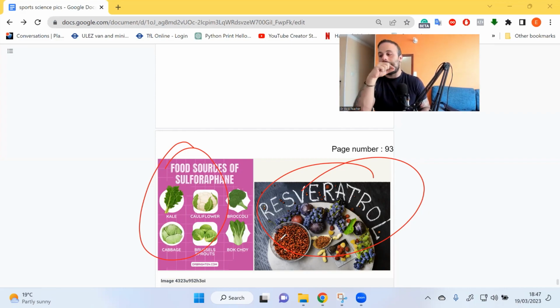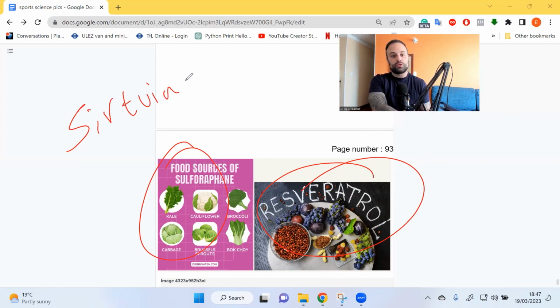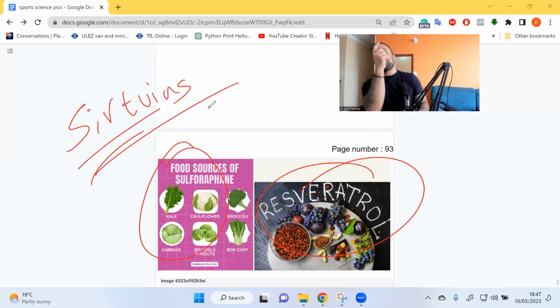But it's a potent antioxidant that's been shown to activate proteins called sirtuins. These specific proteins, there are seven of these, have anti-aging effects. When they activate this sirtuin, if I remember correctly, it is number 1 and number 7 that have the anti-aging properties.